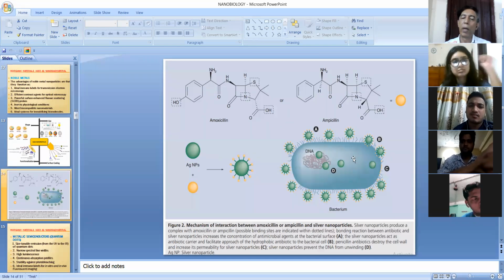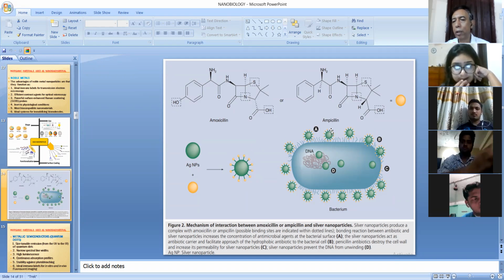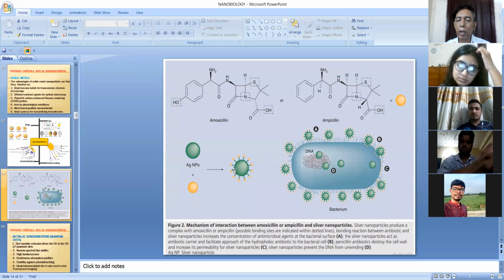You know, a bacteria has only one cell. And this nanobiomaterial enters inside the bacterium. The antibiotic attached with this nanoparticle breaks the cell wall of the bacteria. Here you see, it breaks the cell wall of the bacteria.